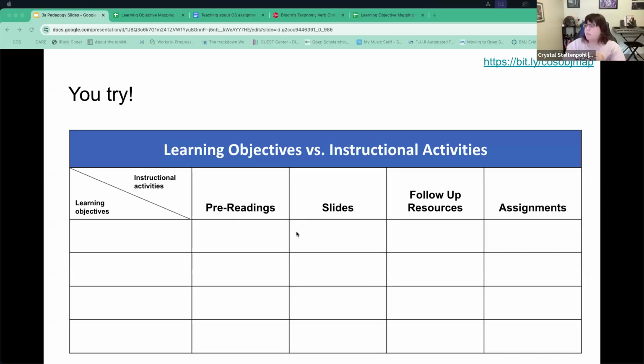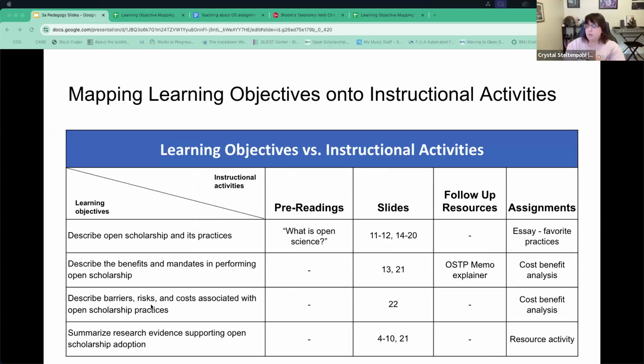Okay, thank you. So just as a, this may be helpful. Going back here to this one, you've got your learning objectives, although these are going to be different than the ones that you have. Here's where the fun is going to be for the next 15 minutes or so.